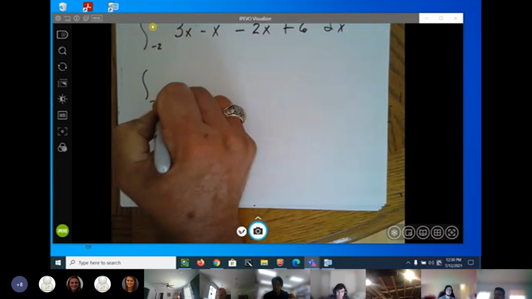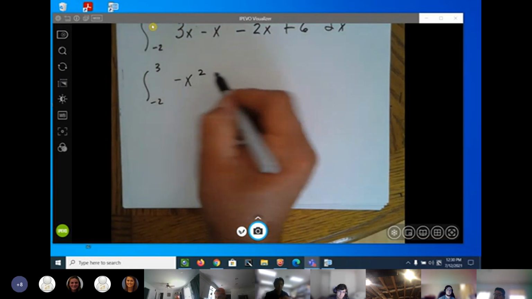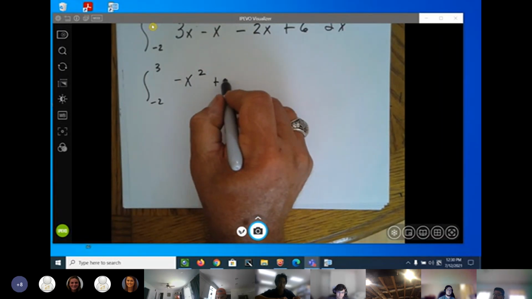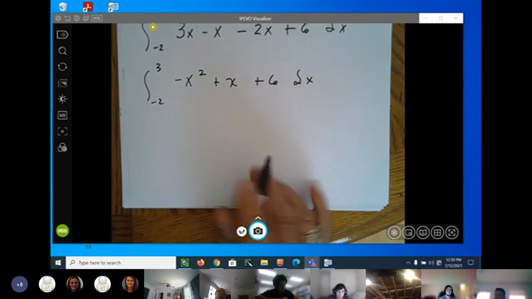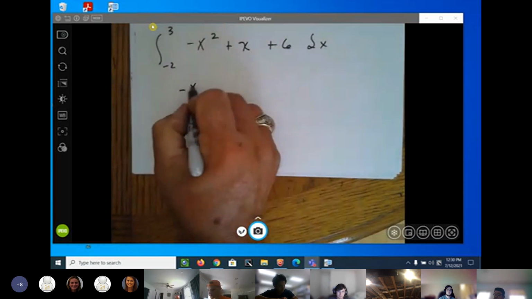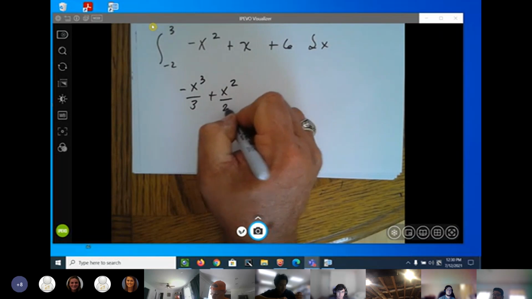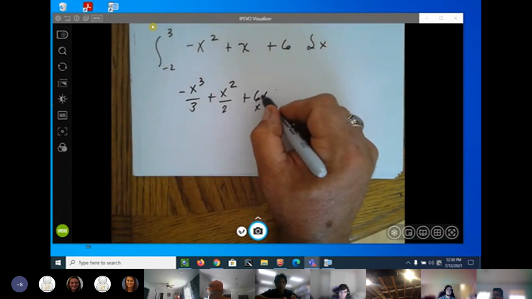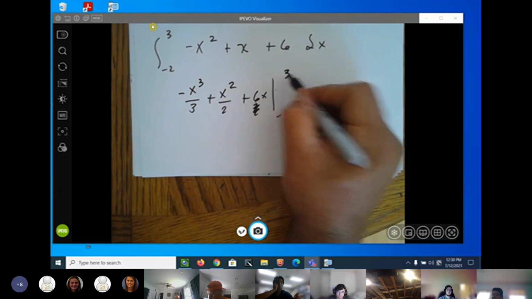And that's going to be from -2 to 3 of -x squared, -2x plus 3x is x, plus 6 dx. -x to the third over 3 plus x squared over 2 plus 6x, evaluated at -2 and 3.